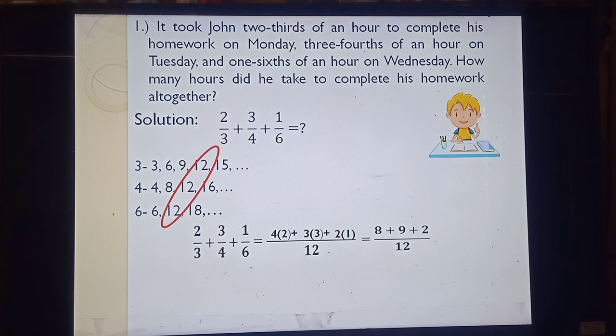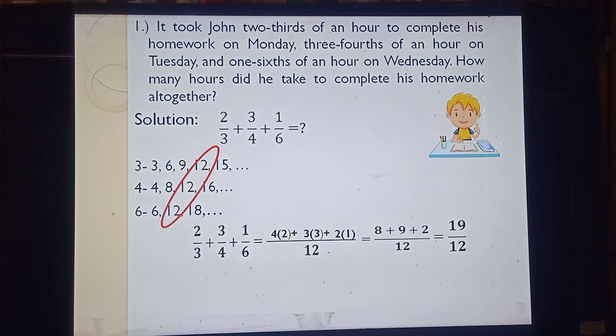So that would be equal to, 4 times 2 is 8, 3 times 3 is 9, 2 times 1 is 2 over 12. Let's add it all together. You have 8 plus 9 plus 2 is equal to 19 over 12.